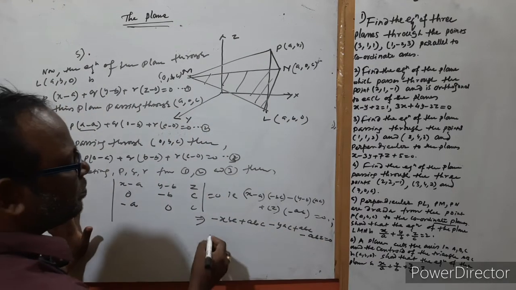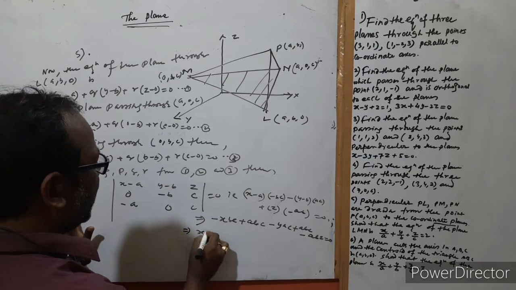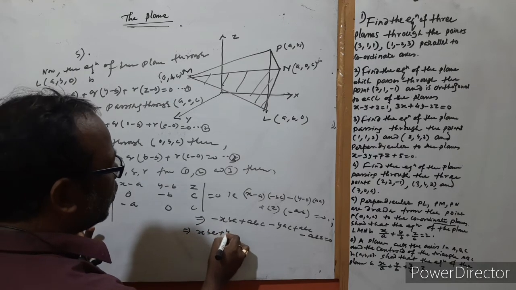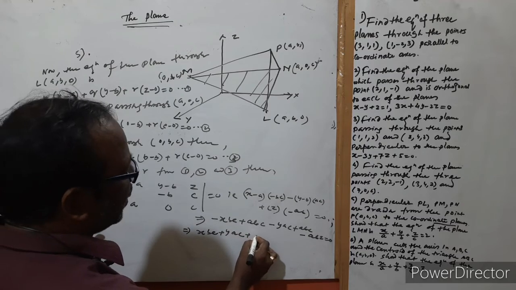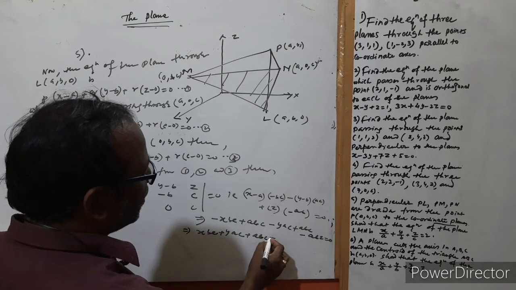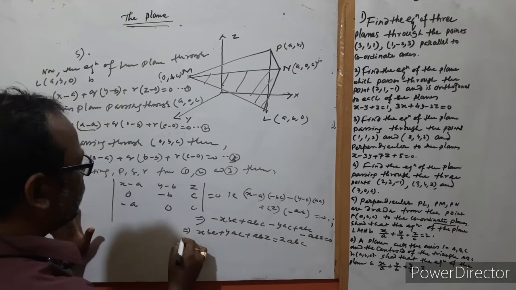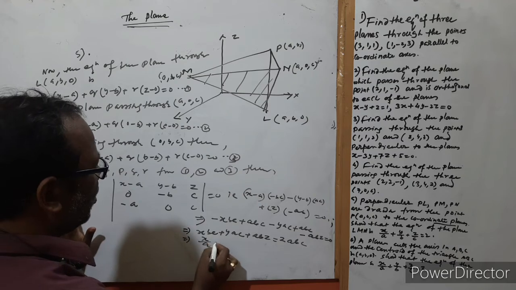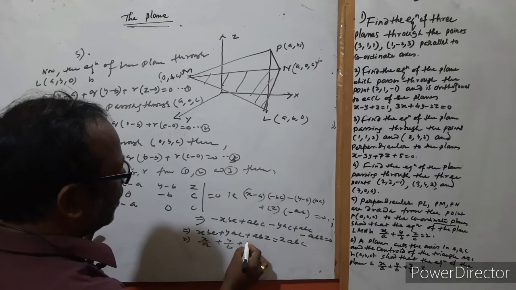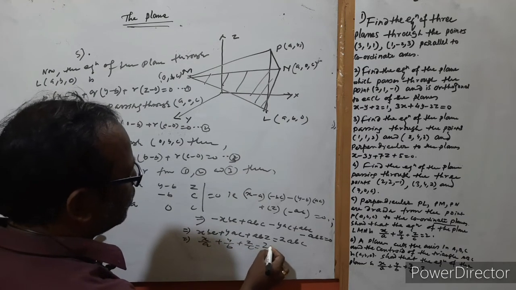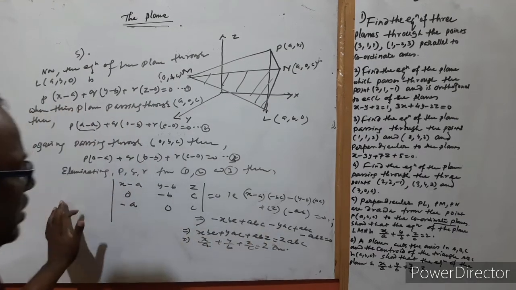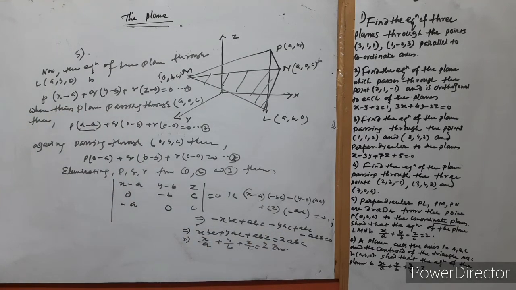So xbc plus yac plus abz equals twice abc. Dividing by abc on both sides, we get x by a plus y by b plus z by c equal to 2. And this is your answer for question number 5.